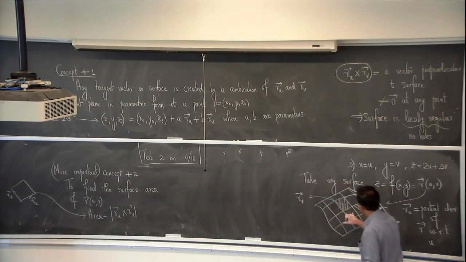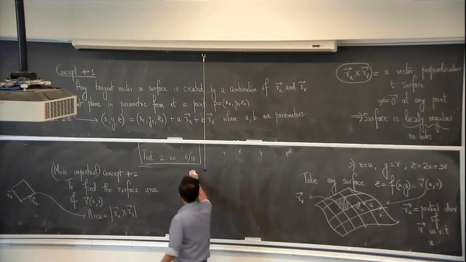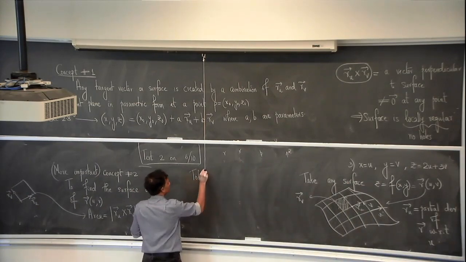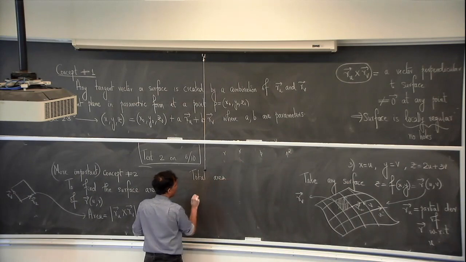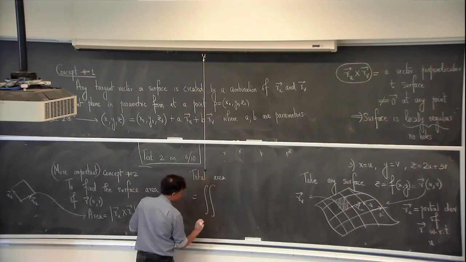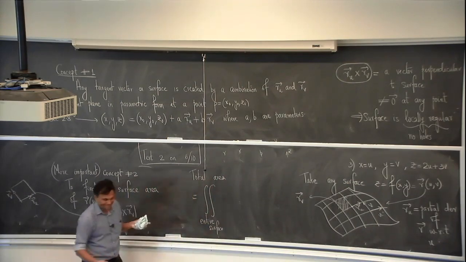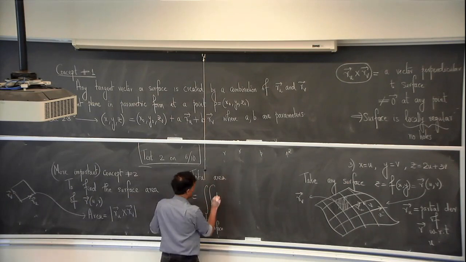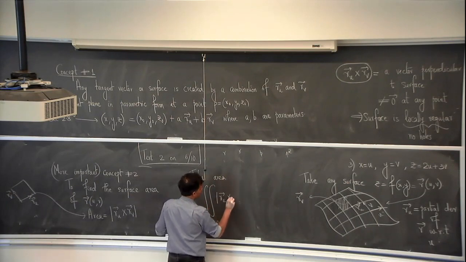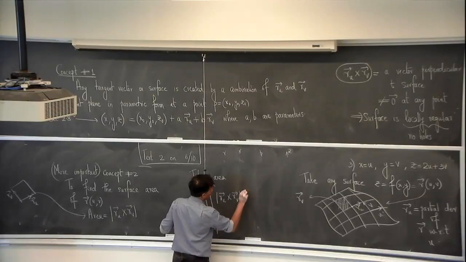Add up all the parallelograms which are sitting all over the place. So the total area would be a double integral over the entire surface. One of the integrals will be for u, the other one will be for v. So it is the double integral of the magnitude of Ru cross Rv du dv.